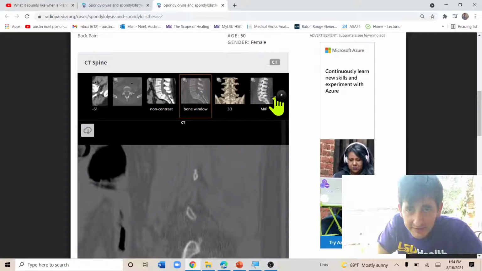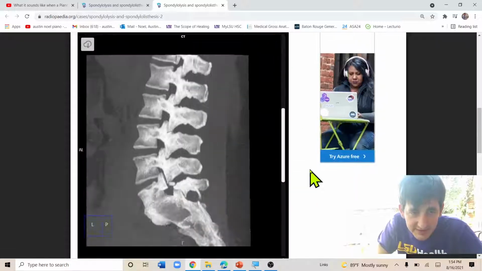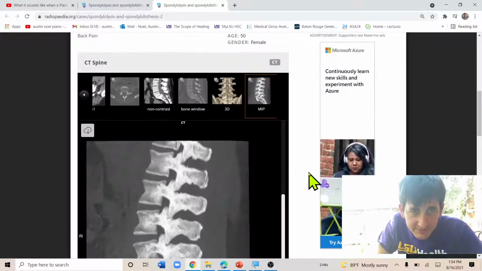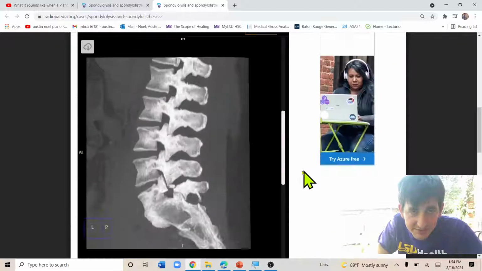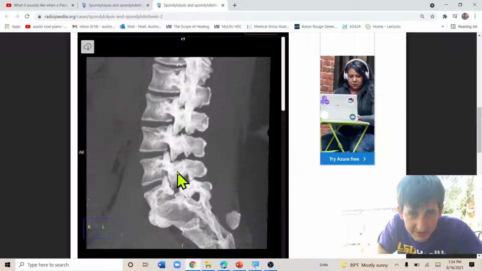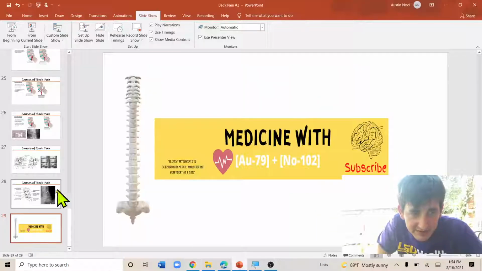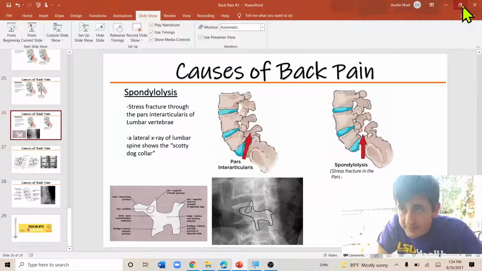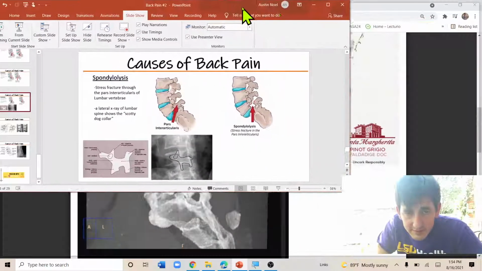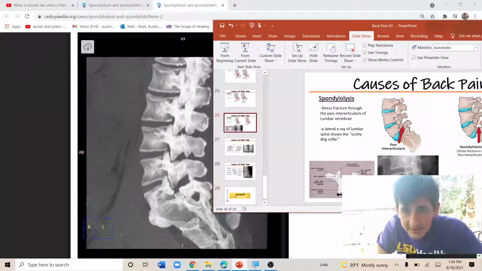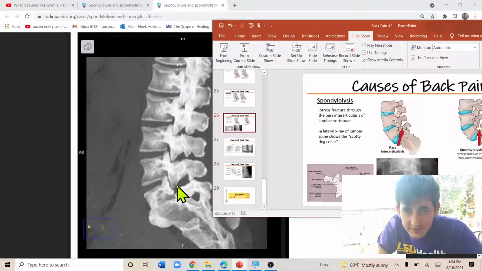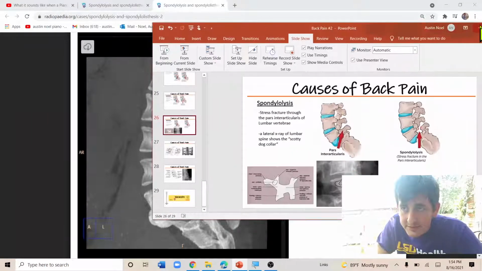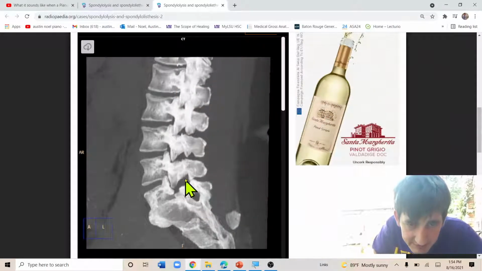And now a cool picture is this maximal something imaging projection, MIP. I don't know what that means. You can kind of see the dog here. Look at this. All right. Here's a better picture. Okay, look at that. Okay, so let's minimize this.